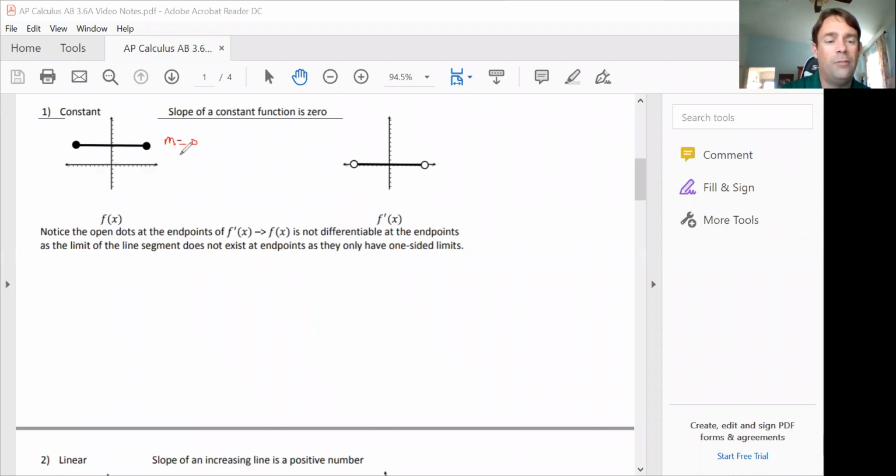So the graph of that would be a horizontal line when it's 0. This would be f of x equals some number. When you take the derivative of that, the derivative of every constant number is 0, so it makes sense that it would be on the horizontal line.